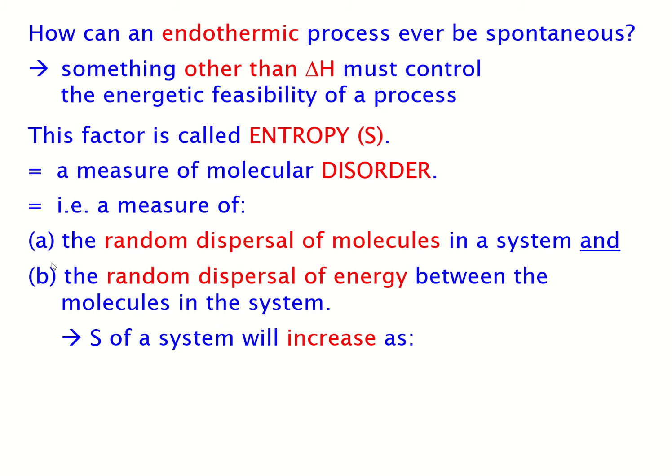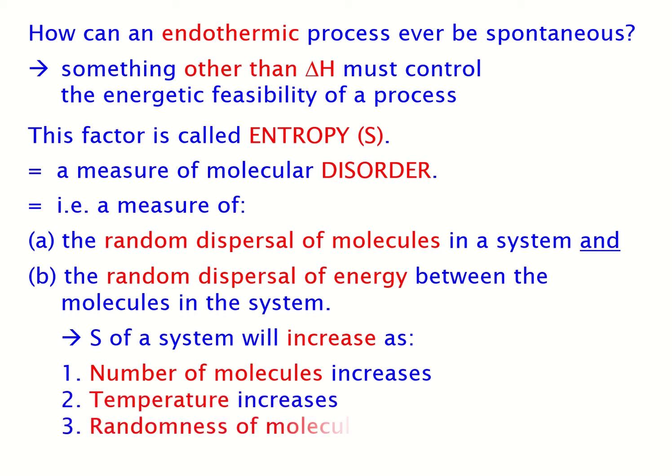So how do we increase this disorder? Well, we increase it by putting more particles in, more molecules in. That would stand if you had more clothes, or more computer games, or more bottles of Diet Coke or whatever lying around your room. You'll have more disorder. If the temperature was increased in your room, so let's pretend that you put so much heat in, those particles can actually start to move and vibrate even more, those clothes and bottles and games and so on and so forth.